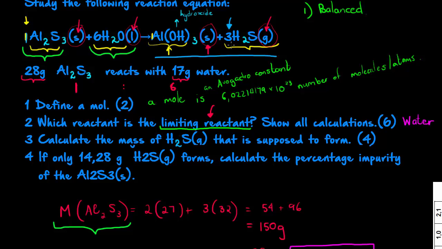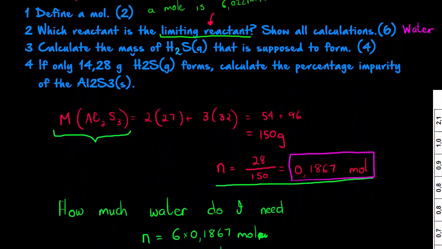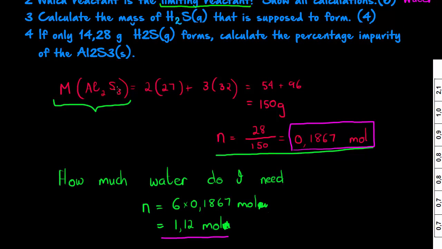So I can't compare the coefficient with anyone else but the limiting agent. I could compare it with dialuminium trisulfide if I knew how much of that is being used, but I know the dialuminium trisulfide is in excess, so all of it is not being used up.